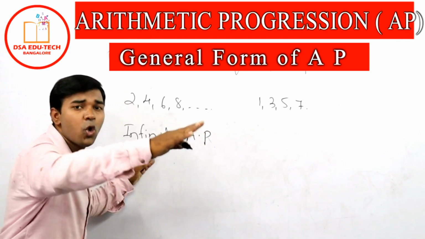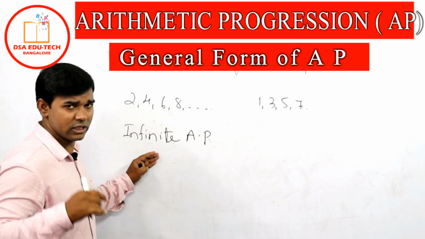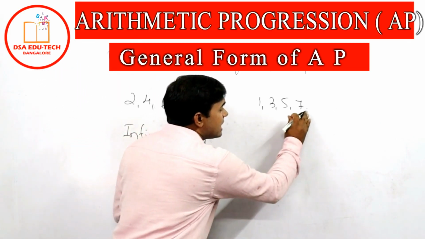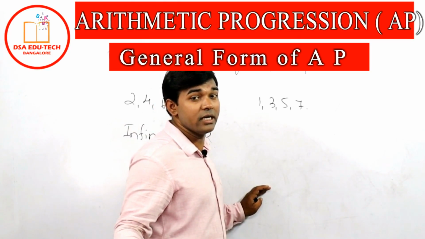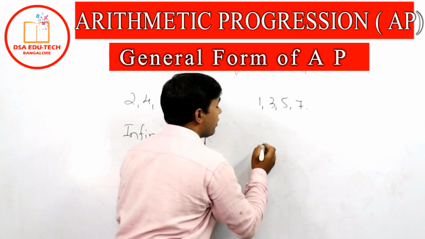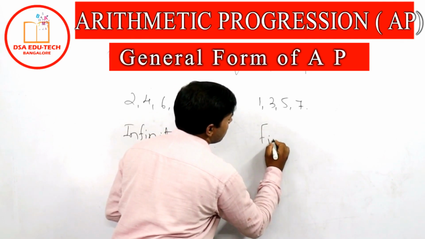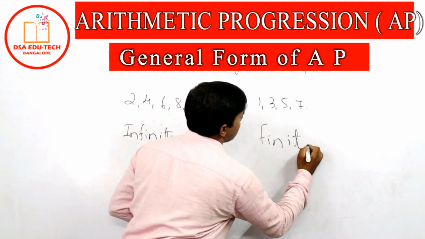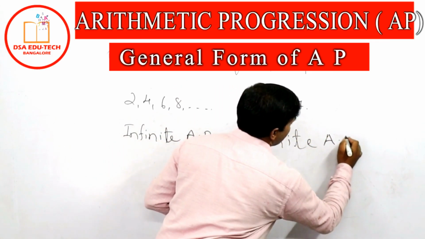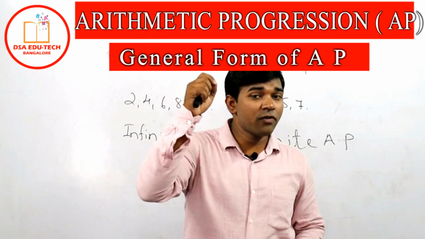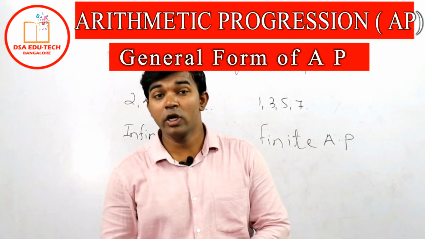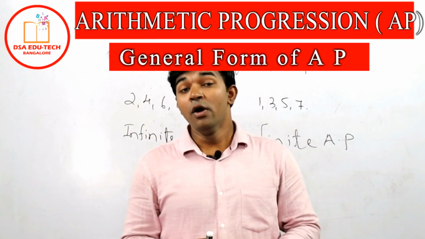There's no end for this. And this, since there is an end, I know the last term, I know the last number. So for this I will call a finite AP, right?